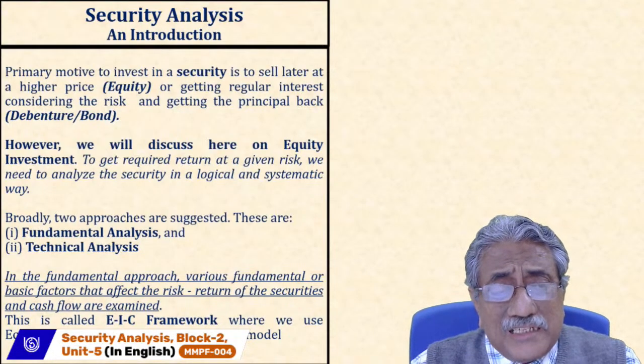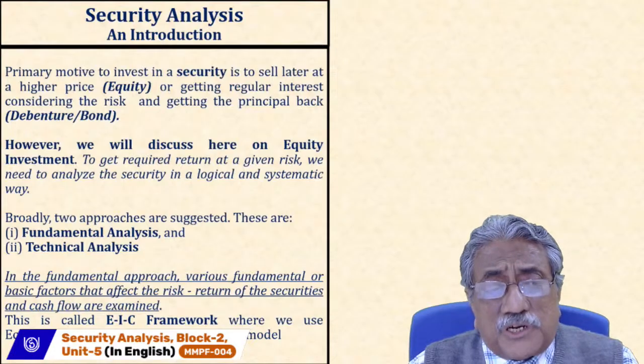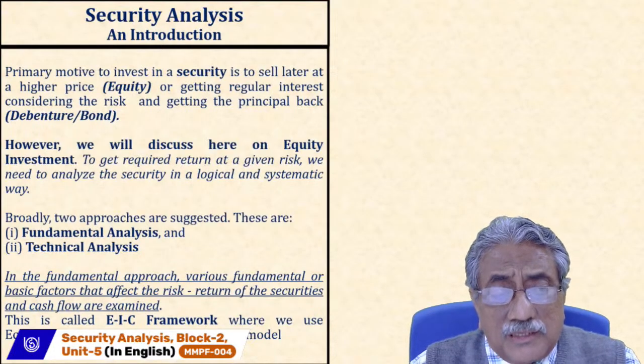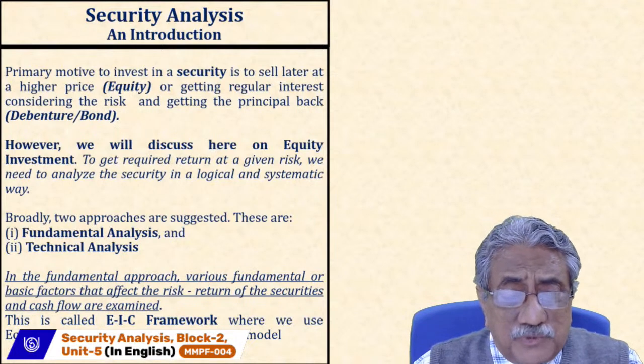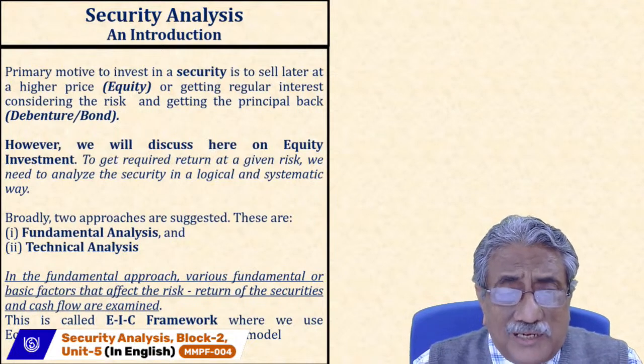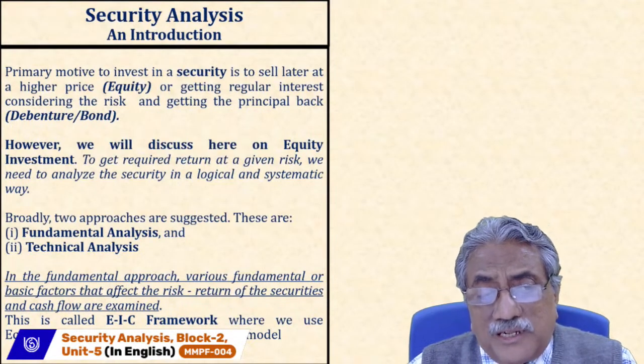There we said that in the strong form, if all information, present and future, is available to the public, then there is no question of taking price advantage. So that negates my idea of fundamental analysis.